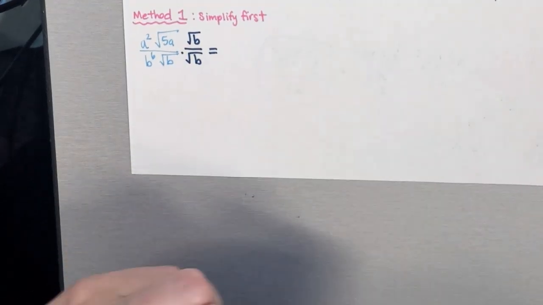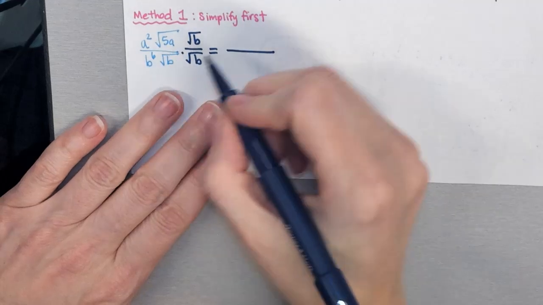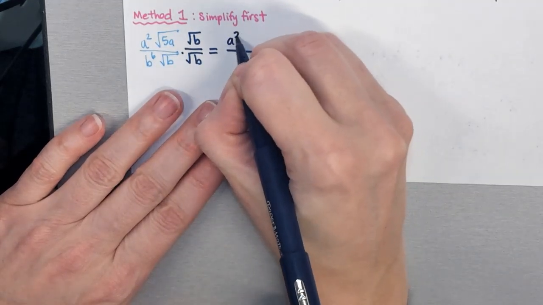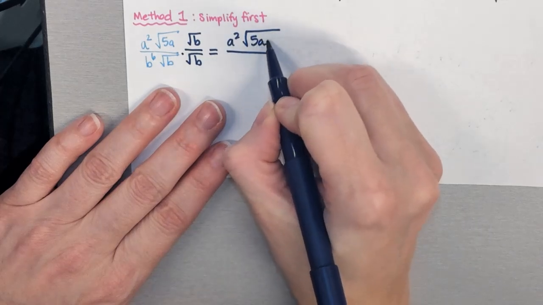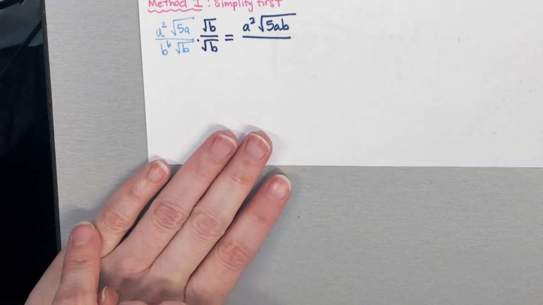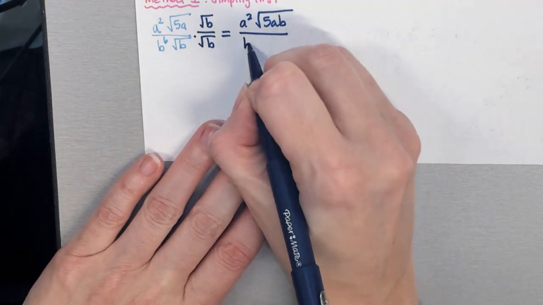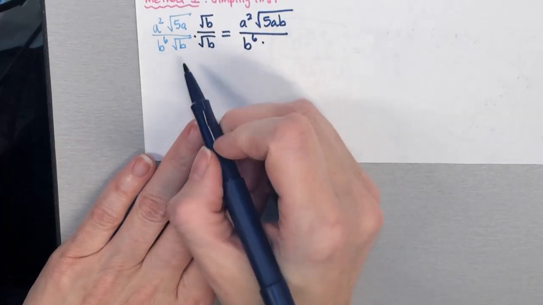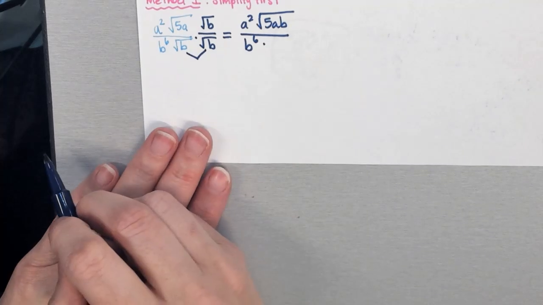Okay, so when you do that, in the numerator, you're going to have a squared times the square root of 5ab. So multiply the radical by the radical. We just did that earlier. Here, when you multiply, you have b to the 6 times, and what's going to happen when you multiply the square root of b times the square root of b?